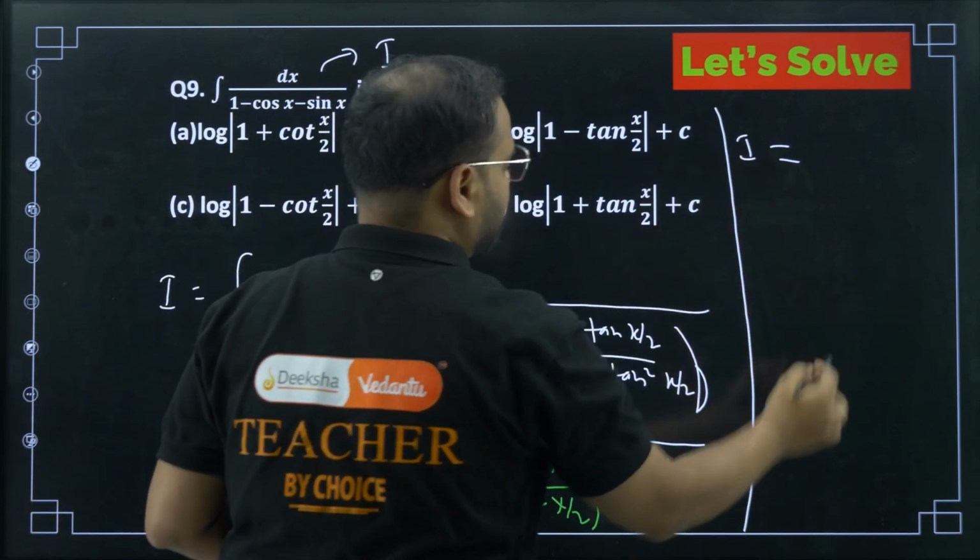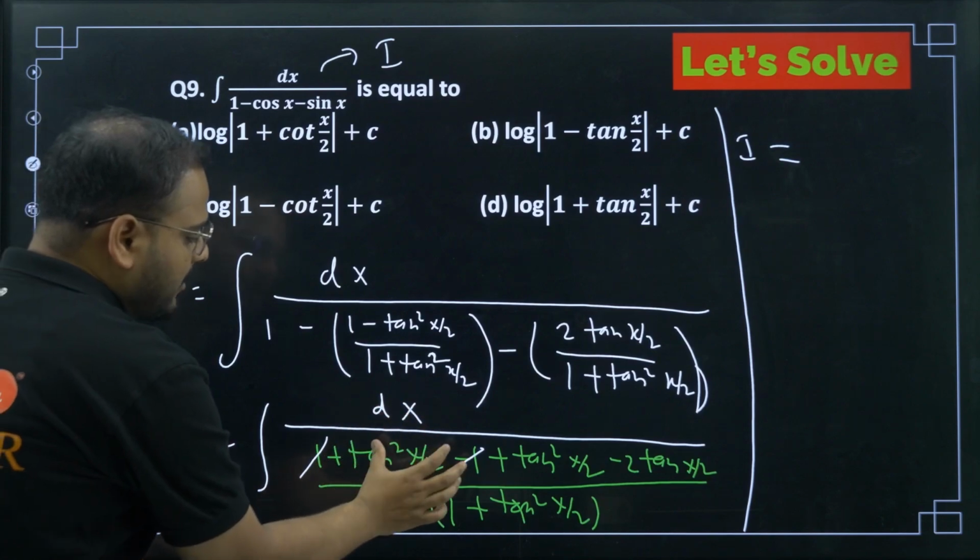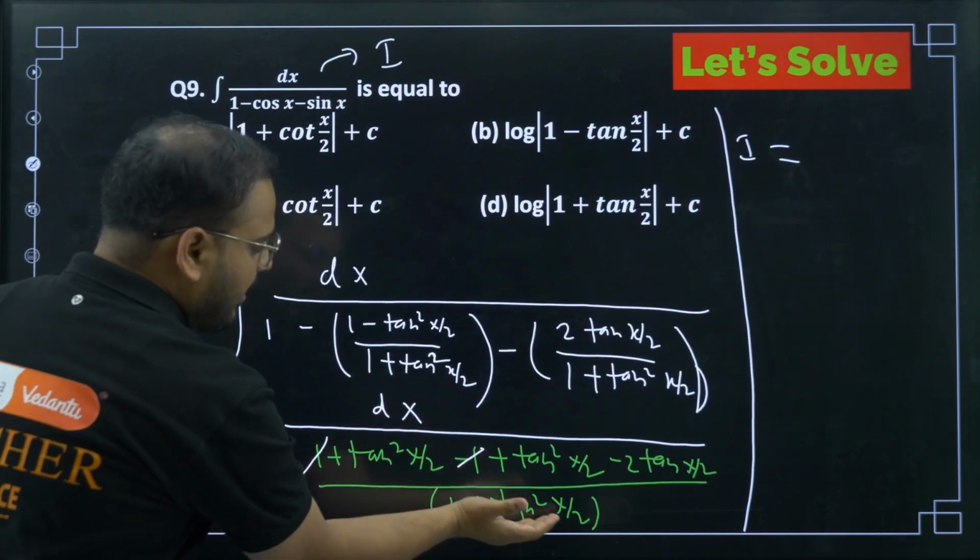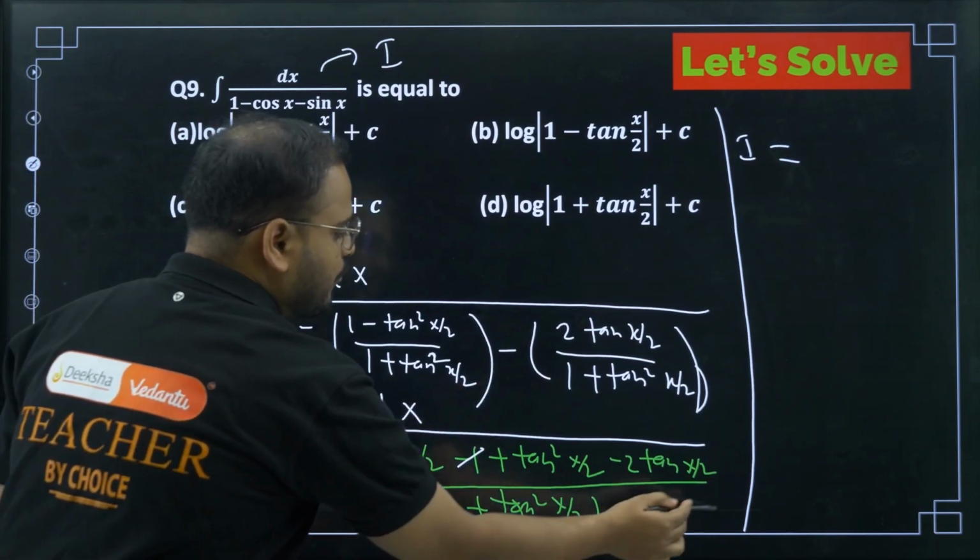Alright. So I can write my integrand I equals dx upon this. This whole thing will move to the numerator.